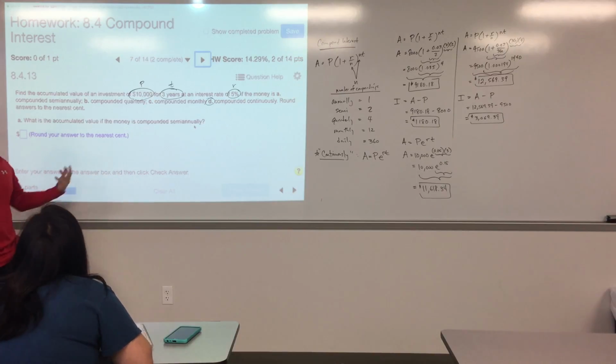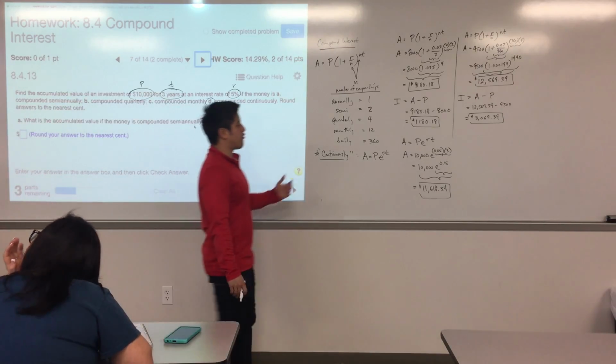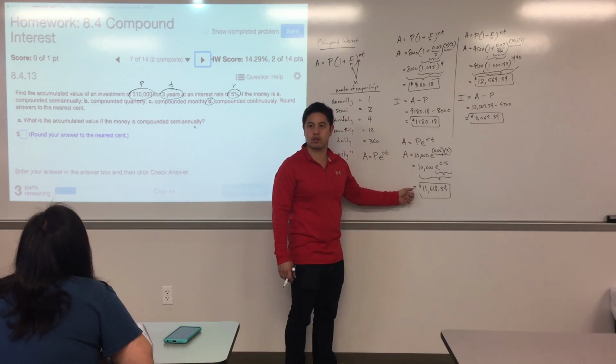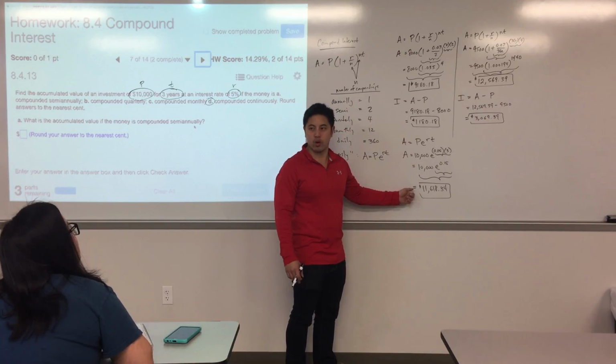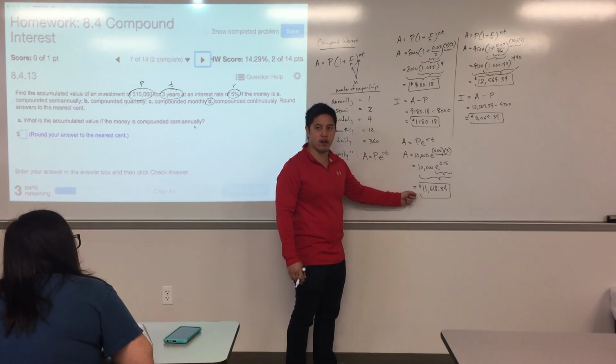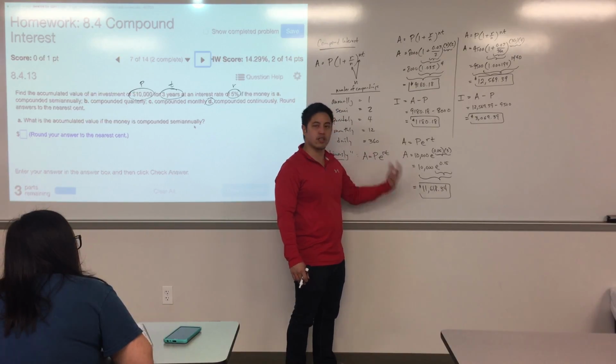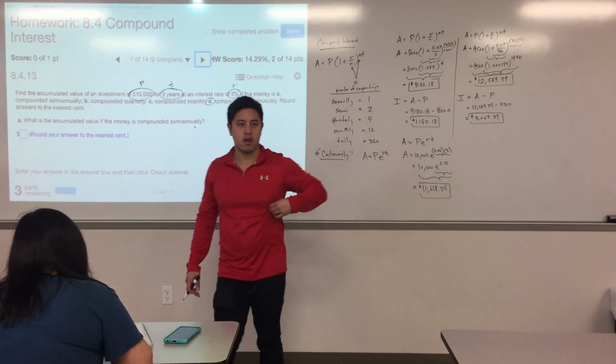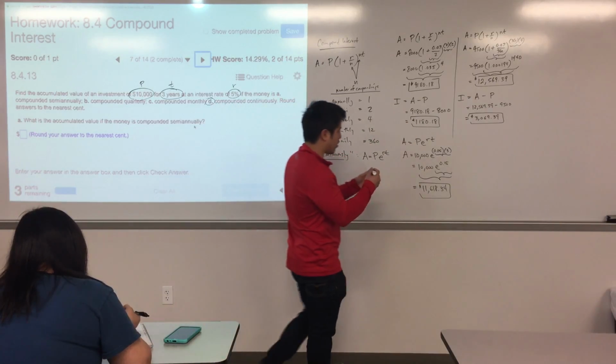All right? Now, question for you. If I wanted to find how much interest we earn, would we do it the same way as the previous problems? Yeah, you would, right? Because if this is the future value, and I want to know how much interest I earn, well, then I just subtract the principal from it. Does that make sense, guys? But I'm not going to do that because you already know how.